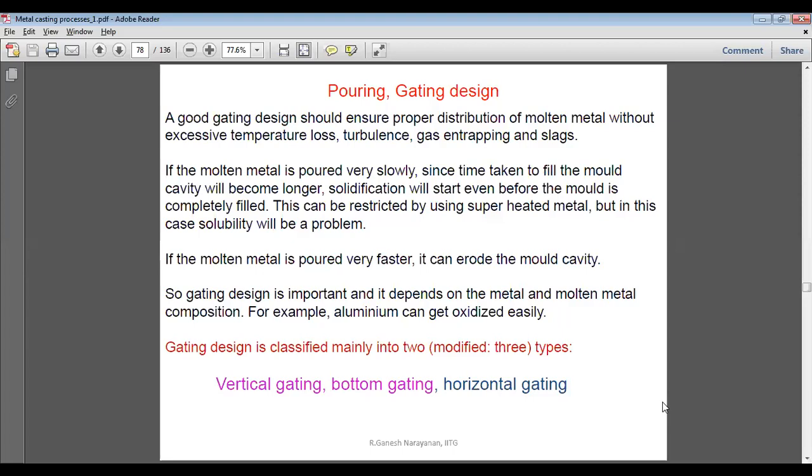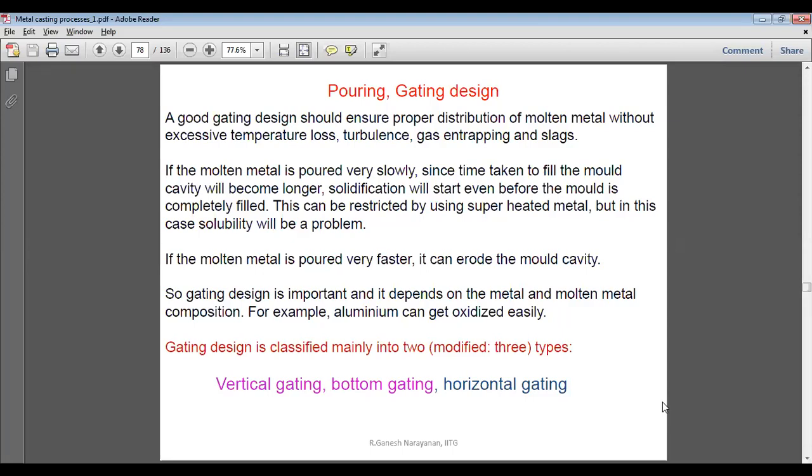So gating design and gating pattern play a very important role as far as casting is concerned, because there are many intricate complications involved while the metal at very high temperature, say 1500 or 1600 degrees, is being poured into the mold.